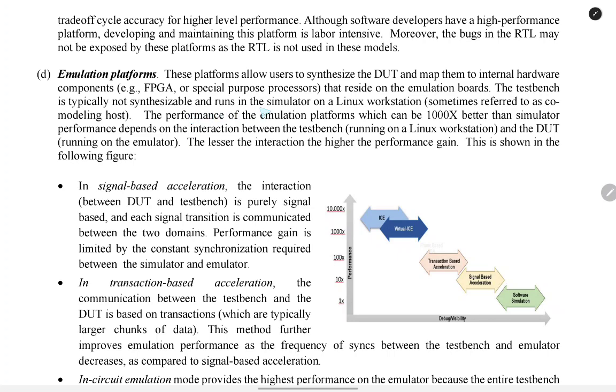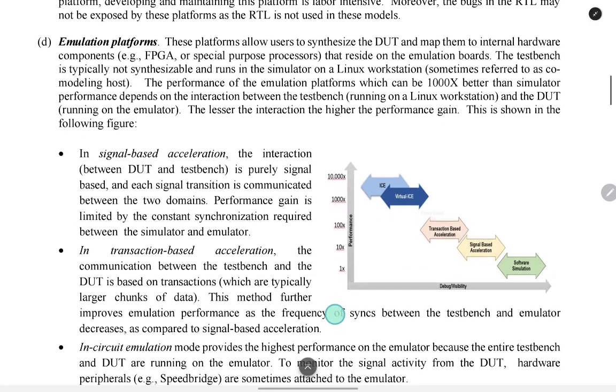The performance of the emulation platforms, which can be 1,000 times better than simulation performance, depends on the interaction between the test bench running on a Linux workstation and the DUT running on the emulator. The lesser the interaction, the higher the performance gain. This is shown in the following figure.